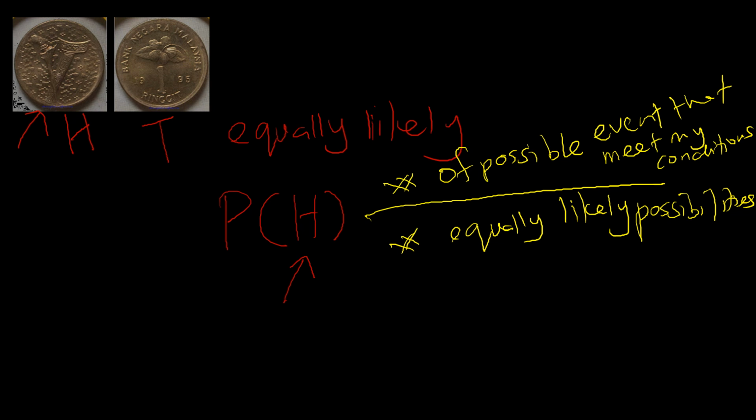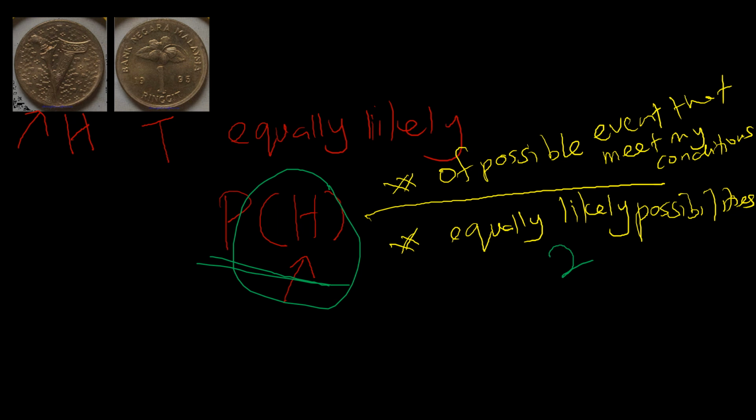Never mind. In the case of figuring out the probability of heads here, what is the number of equally likely possibilities? Well, there are only two possibilities. You could only get heads or you could get tails. And what is the number of possibilities that meet my condition?